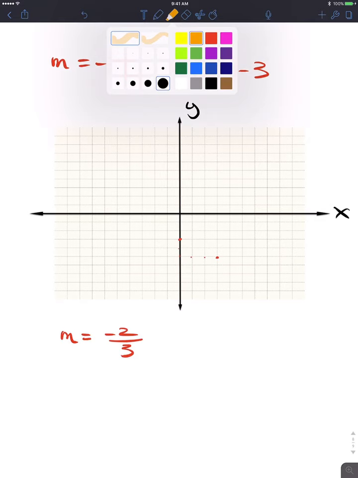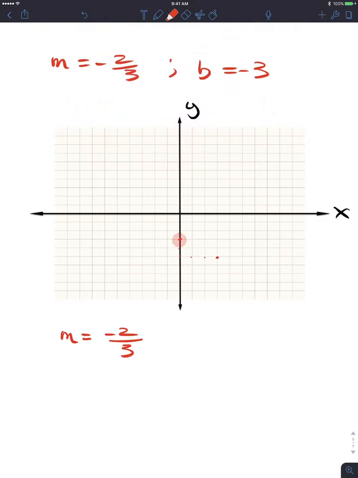I'll highlight my points because I'm going to have to draw my graph. Now this is greater than or equal, which means we're going to have a solid line. Let's draw our solid line here.